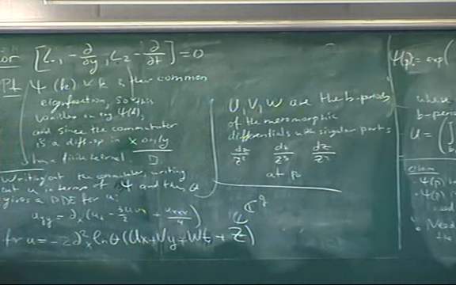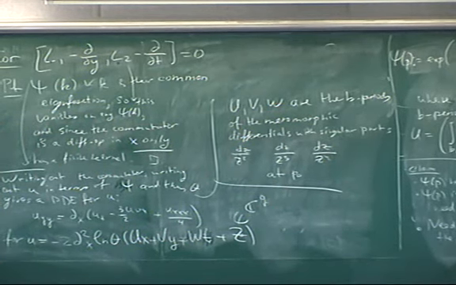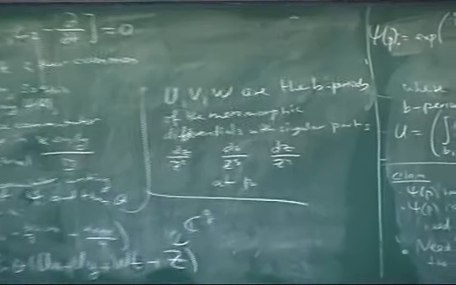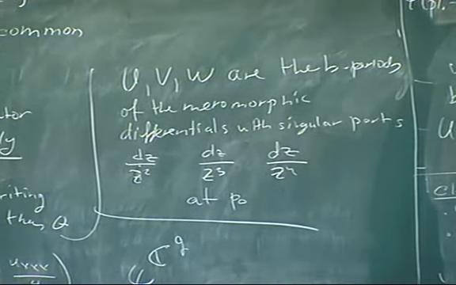Okay. Which is actually the same as the derivative of the canonical map that we discussed before. Okay.